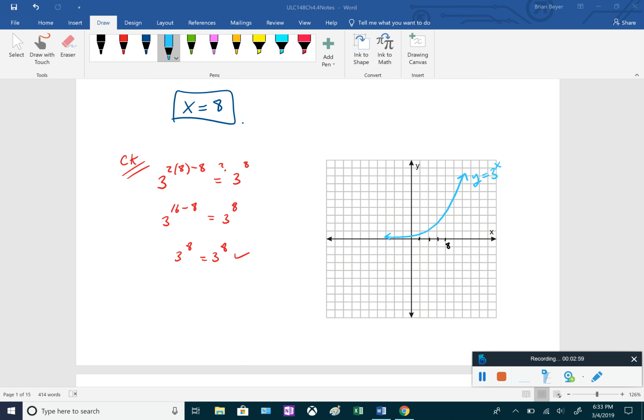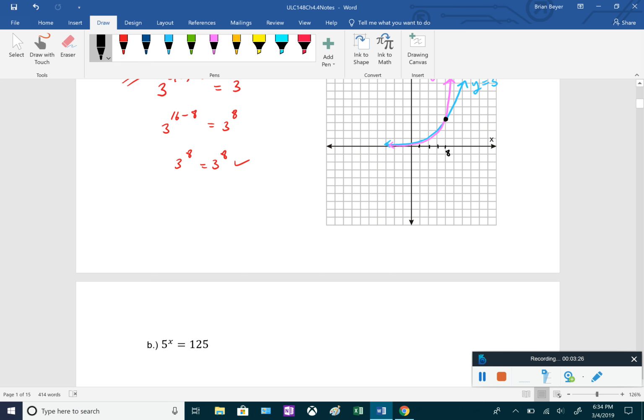Then we can graph the other one, and it might look something like this. The answer we got, 8, represents the point of intersection if we looked at the graph for them. Once again, that's not drawn to scale, but it's similar to what it would look like, just so you have a graphical explanation for it.